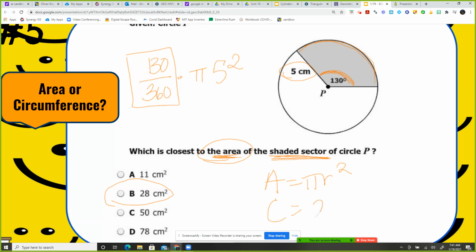The last time we wanted the length of the railing, so we used circumference, 2 pi r. So let me double check in my calculator and make sure I didn't do anything crazy. 130 divided by 360 times 3.14 times 5 squared, which is 25, is 28.34.